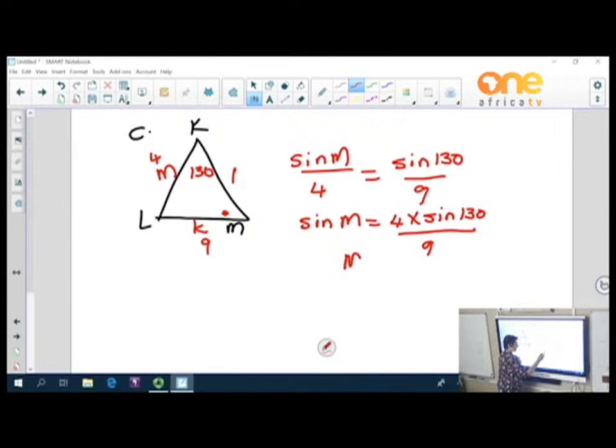You want to find the angle, so it is second function sine, and I got that M is then 19.9 degrees. And then it is very easy now to calculate the last one, because it's 180 minus 130 minus 19.9, and L is then going to be 30.1 degrees. So this is the sine rule.